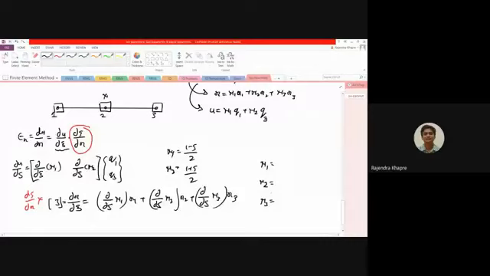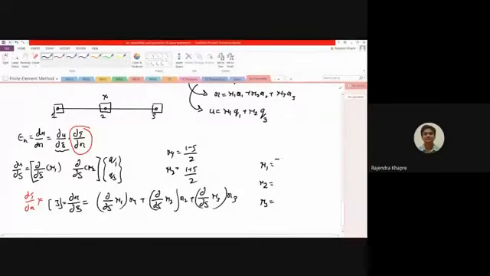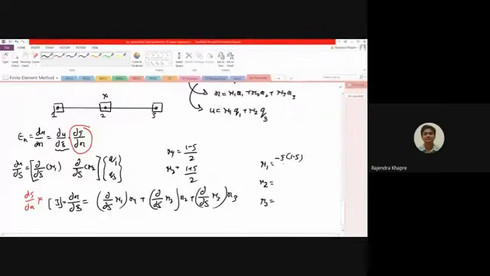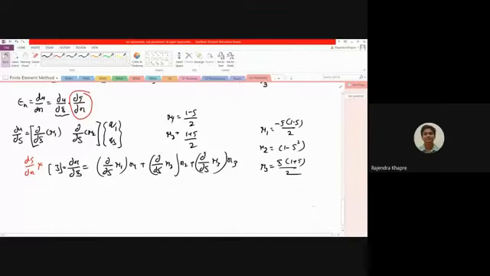The n1 value is minus xi into (1 minus xi) divided by 2, n2 will be 1 minus xi square, and n3 will be xi (1 plus xi) upon 2. Use these values and you can get the Jacobian matrix, that is the J matrix. You already know the coordinates of x1, x2 and x3, so your J matrix will be of size 1 by 1 only.